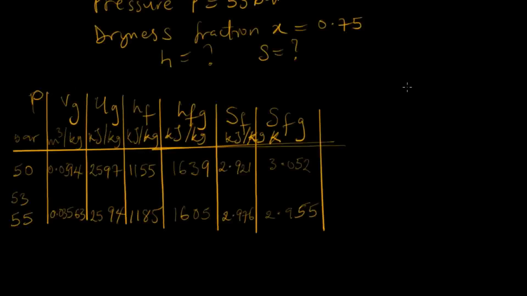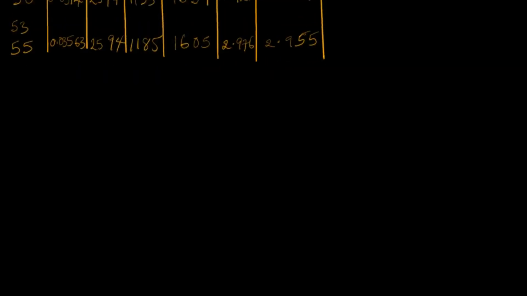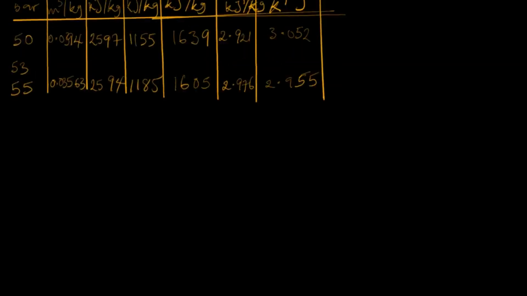Now the problem is finding the values for the pressure P equal to 53. So how do we do this? We interpolate, and this is how we interpolate. Let's start with HF at 53 bar.